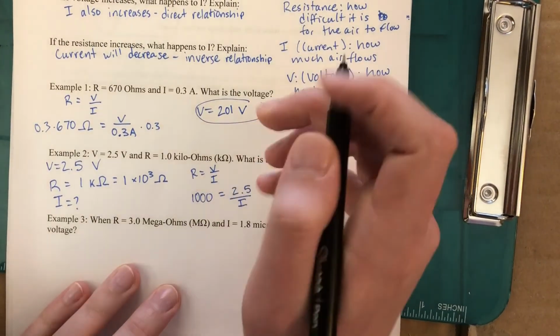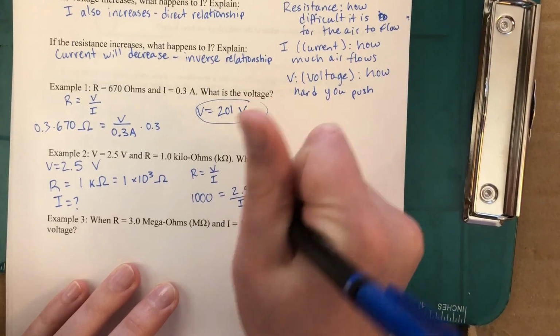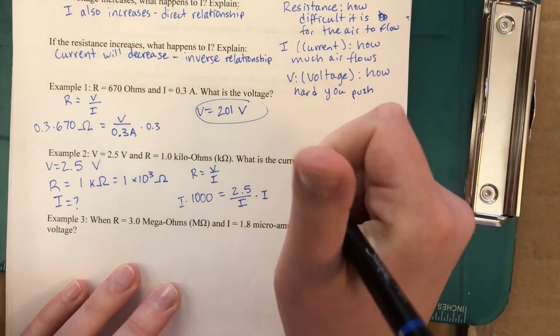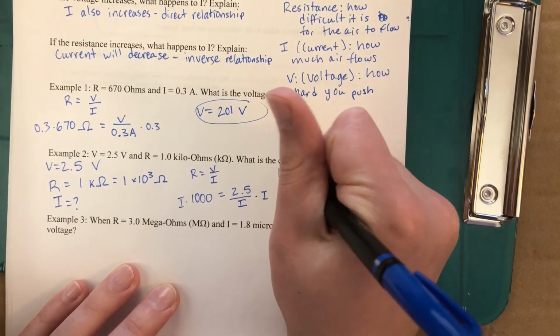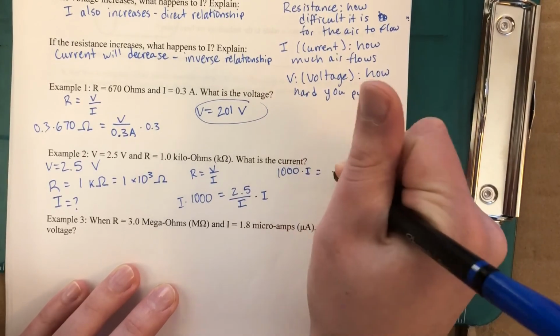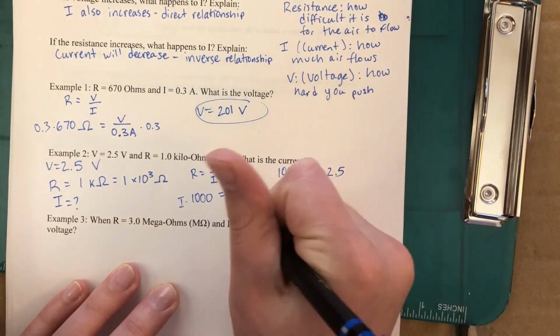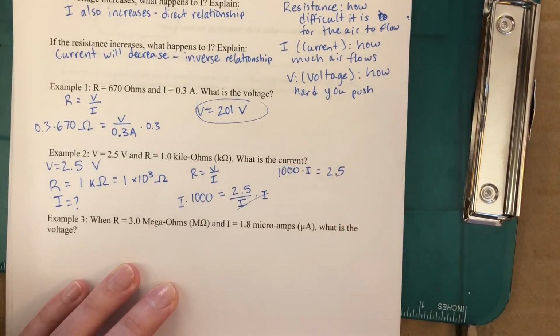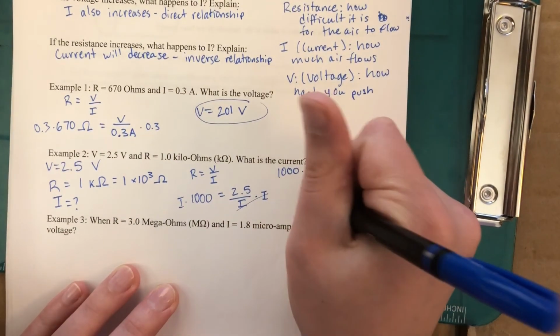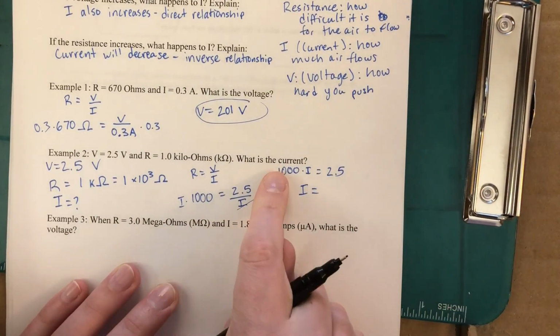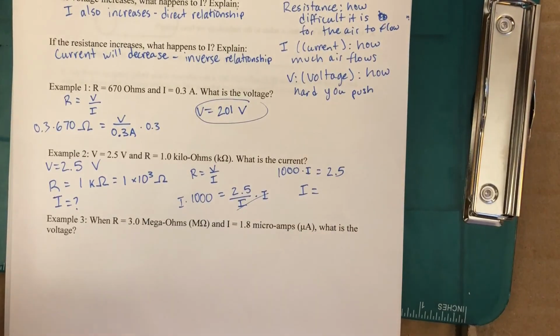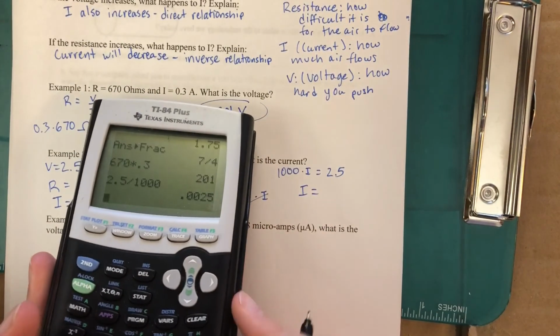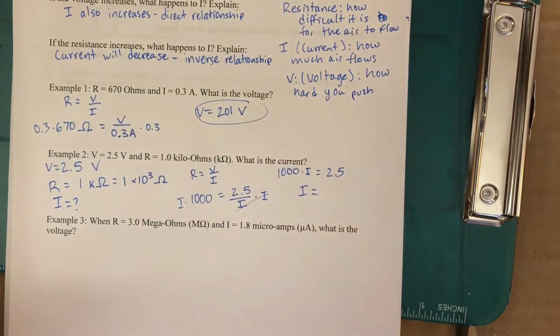So I'm going to multiply both sides by I. That gives me 1,000 times I equals 2.5. Cancel these. And now I can do I equals, divide both sides by 1,000. 2.5 divided by 1,000 equals 0.0025.